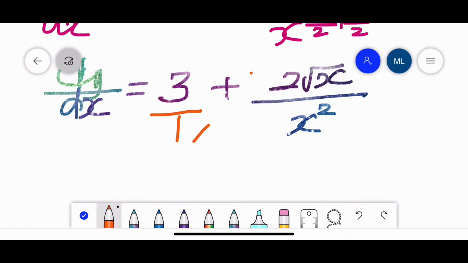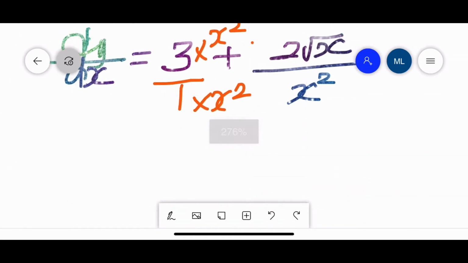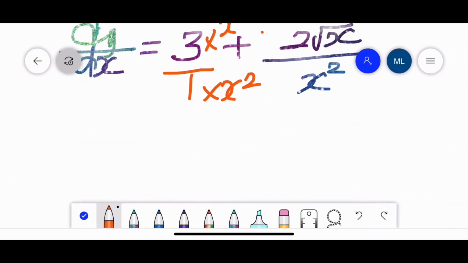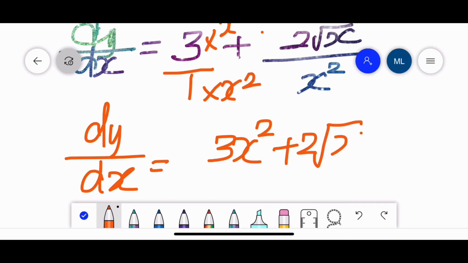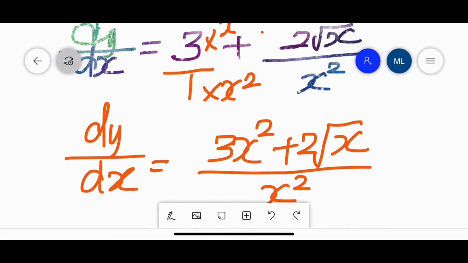Okay, so now I times the x squared for this term. Alright, then I can join them. So now my dy dx will be 3x squared plus 2 square root x, over x squared. It looks almost alike.